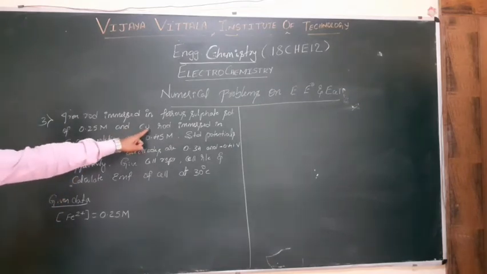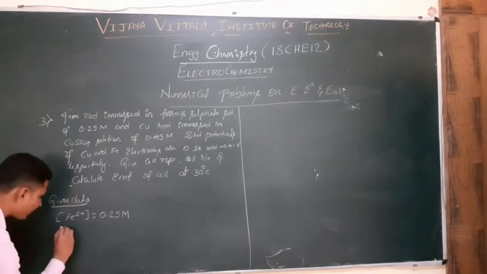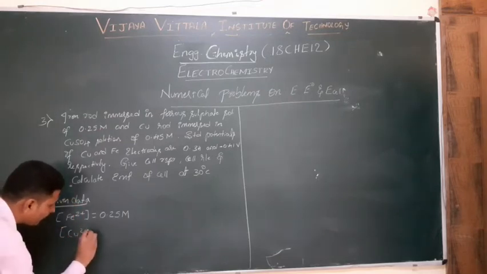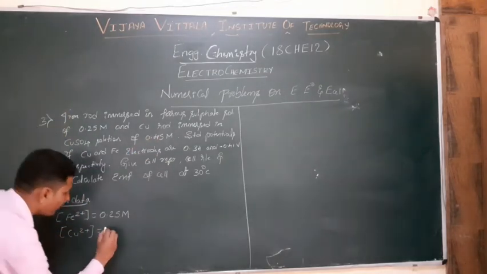And copper rod immersed in copper sulfate, that means Cu2 plus ionic solution. So the molar concentration of Cu2 plus ions is 0.45 mole.